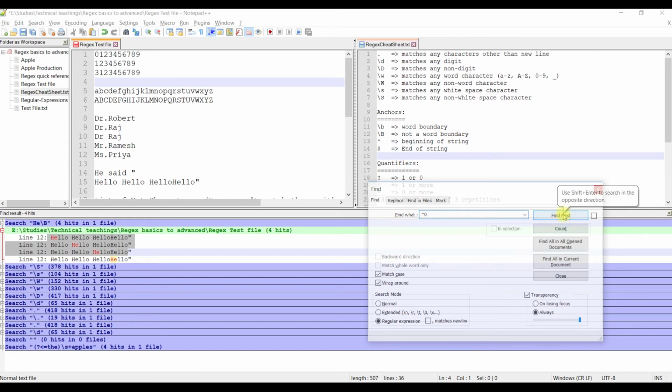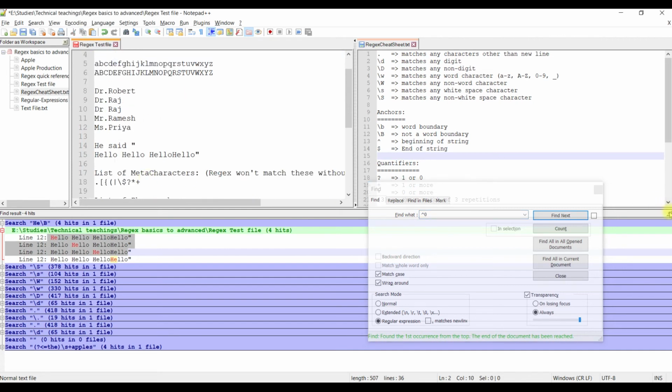So when you click on find next, it will match this particular line. There is only one 0 at the start of that particular line. It's because we are searching for 0 which is at the start. So this is the only thing that matches that.